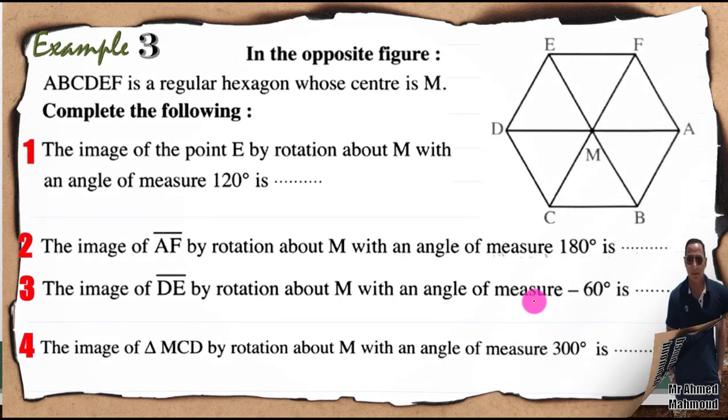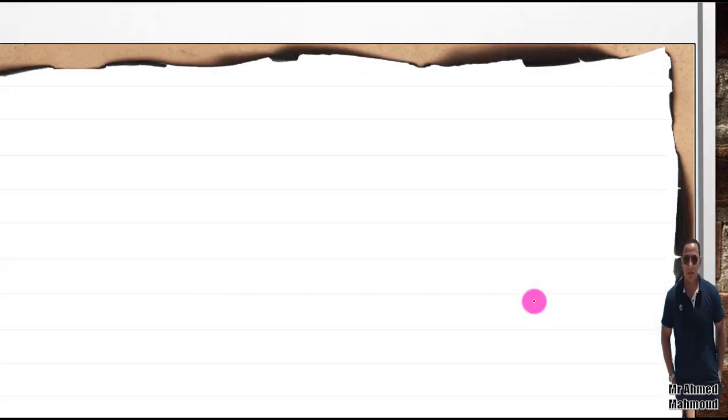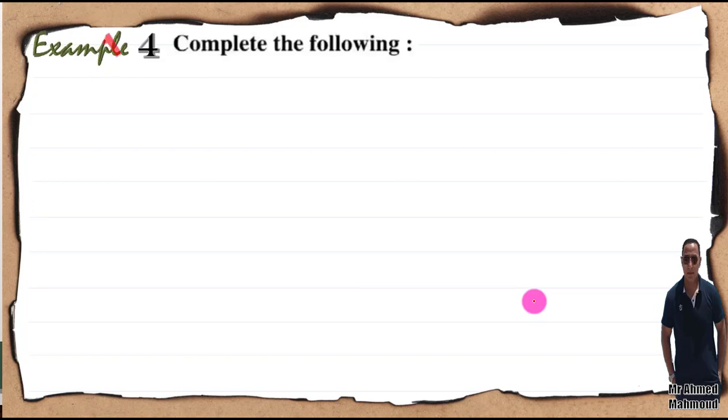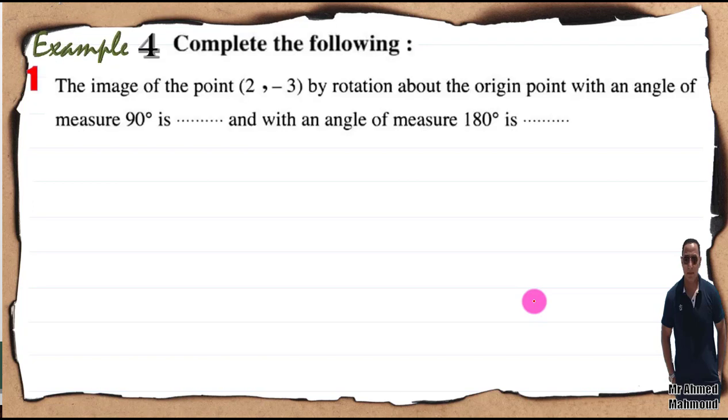Okay, another example. Complete the following. Number 1, the image of the point 2, negative 3, which is x and y, by rotation 90 degrees, negative y and x.